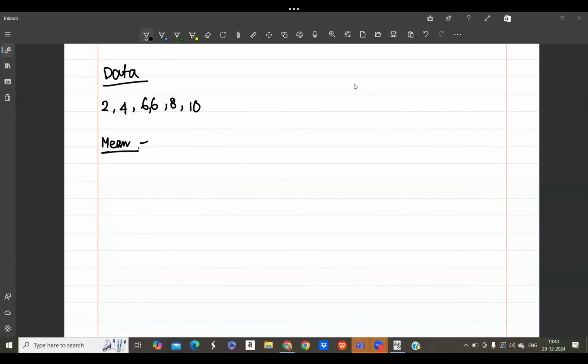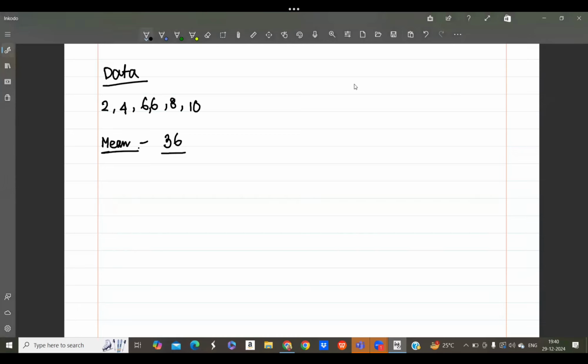Can you calculate and tell me what is the summation? 36. 36. So 36 is sum of all data points divided by number of data points, right?